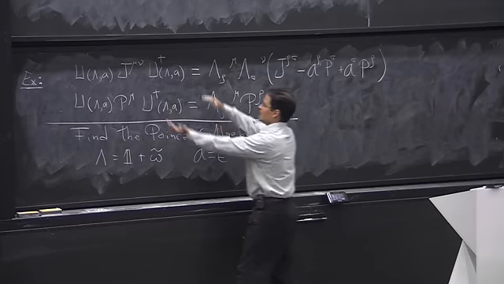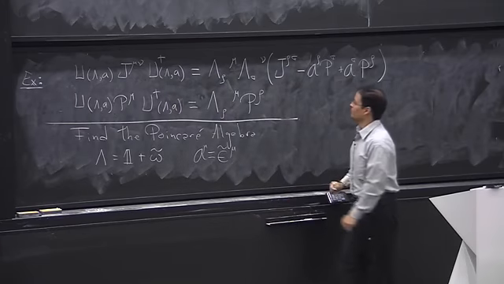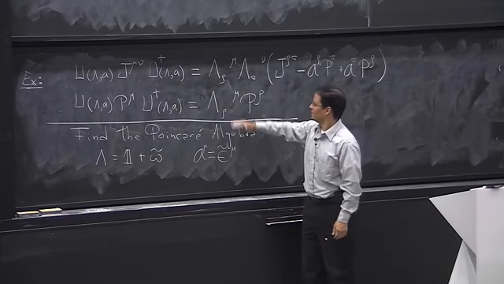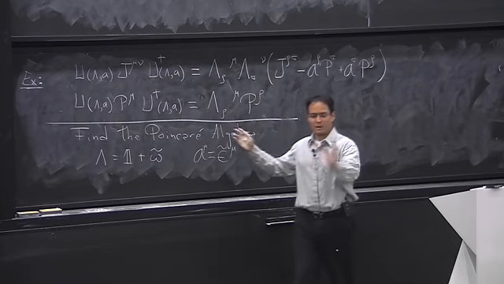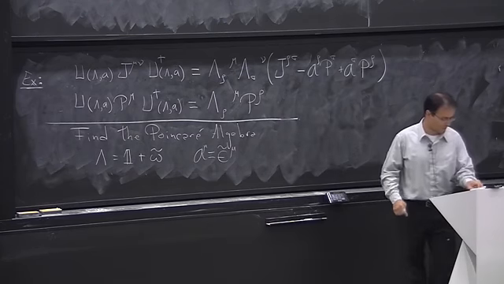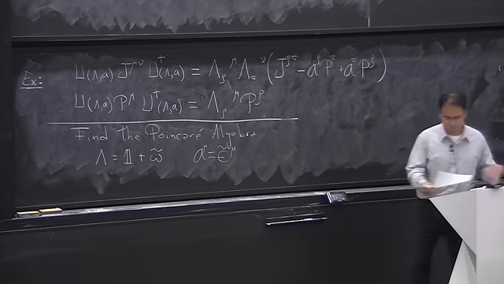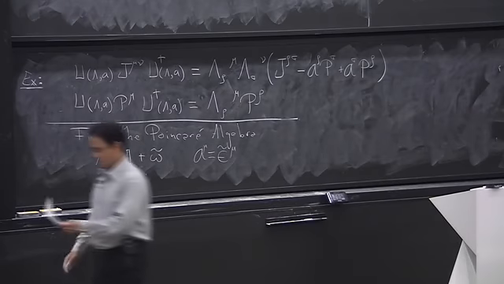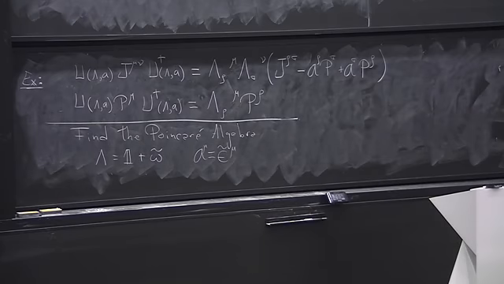Now we plug that in here, and here, and here, and expand out everything. And when you do it, this is again another exercise for you. You find the Poincare algebra.